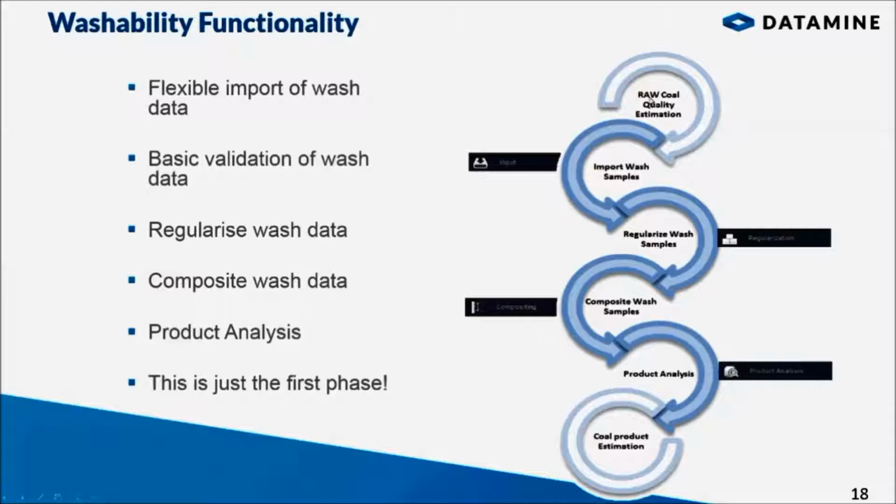this little diagram on the right-hand side, basically you do your raw quality estimation first, then you wash samples using the new input functionality. It does a bit of validation of that data, and then you would regularize your wash samples, and that is to cater for situations where you have wash data that was analyzed at different densities.